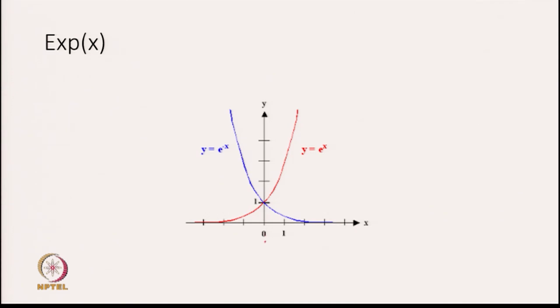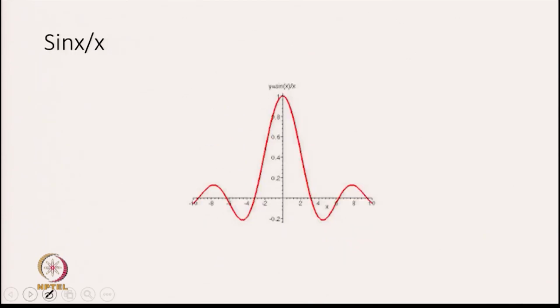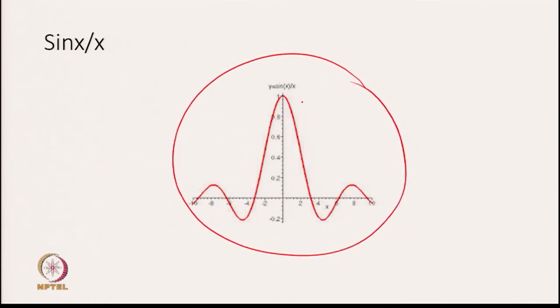This wave function is acceptable if we remain in the region 0 to infinity, but it is not acceptable in the region from 0 to minus infinity. Sin x by x is an acceptable wave function. It meets all the criteria for an acceptable wave function.